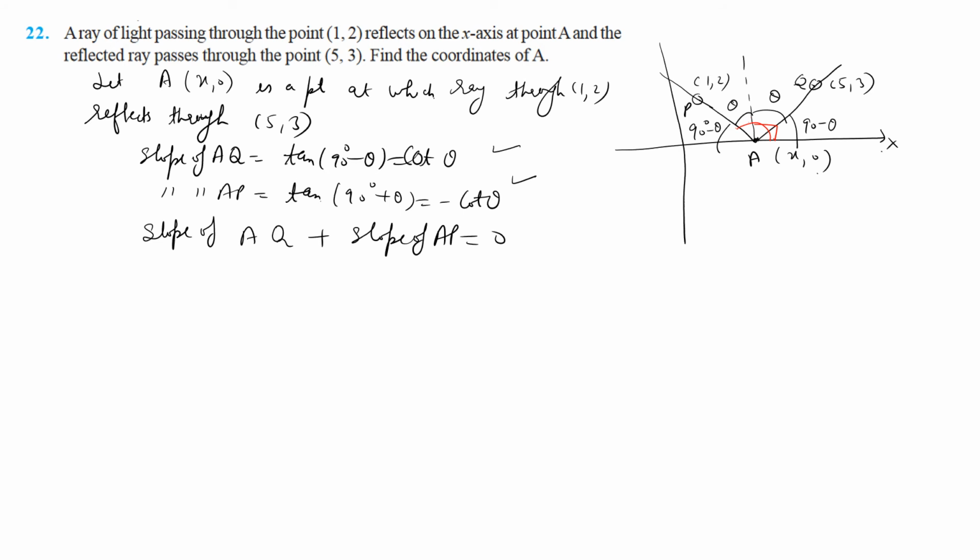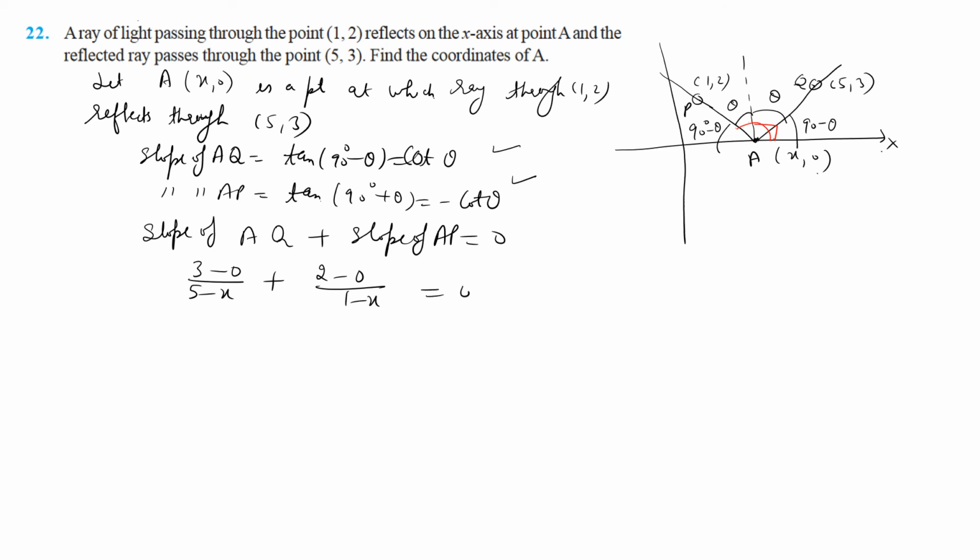So the slope of AQ is 3 minus 0 upon 5 minus x. The slope of AP is 0 minus 2, or 2 minus 0, you can take from that side also, upon 1 minus x, equal to 0.